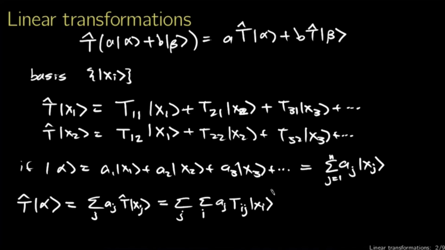You can exchange the order of summations here if you want to find out what the x sub ith component is more straightforwardly. We'll do the sum over i first, and then we have the sum over j of aj tij, which gives us the x sub ith component of the transformation t applied to the vector alpha.